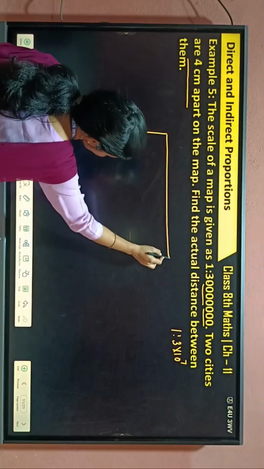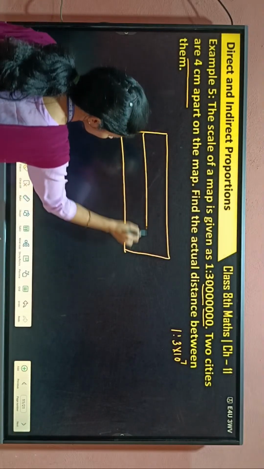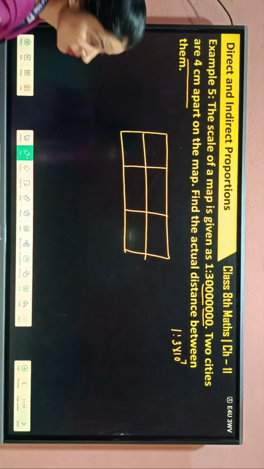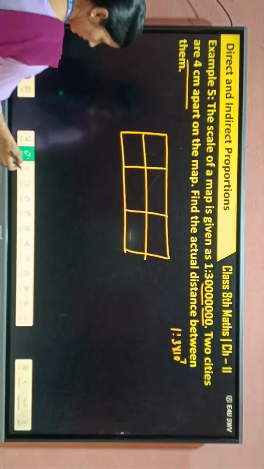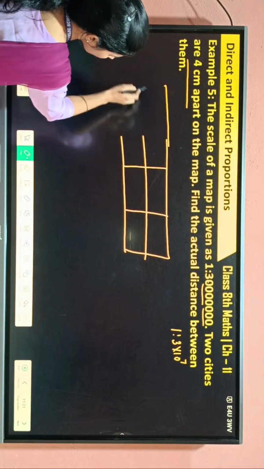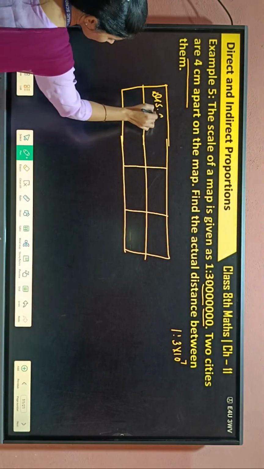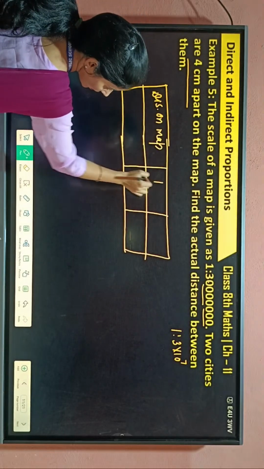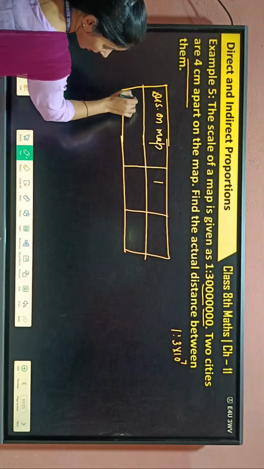Tabulate this information. You will write distance on map and actual distance. Distance on map, in this way given 1, and this is actual distance.